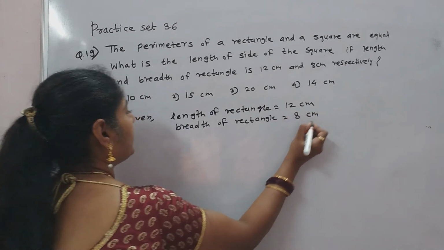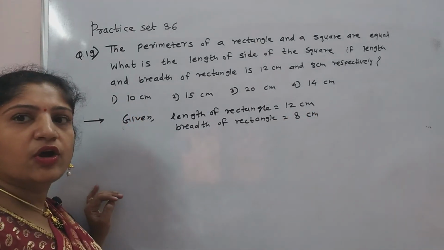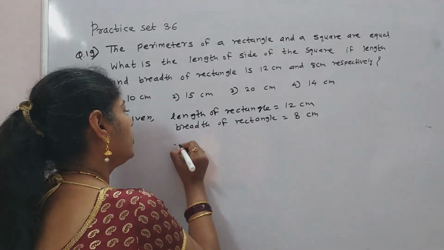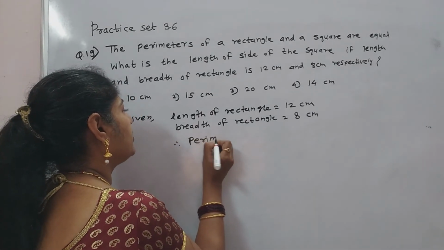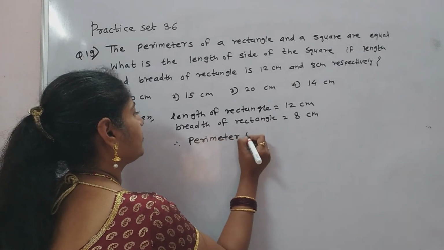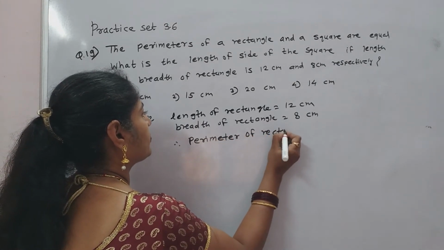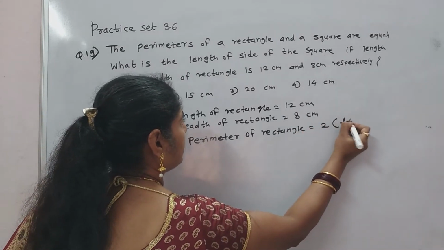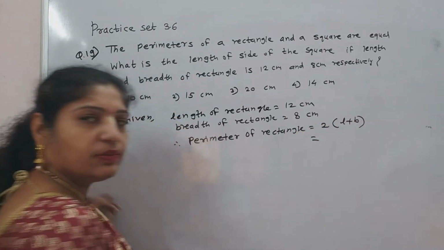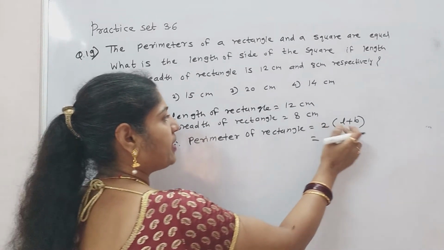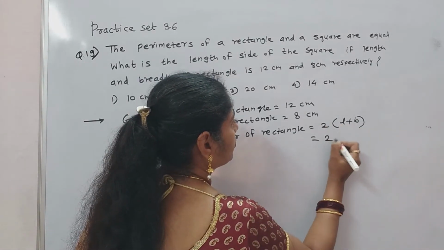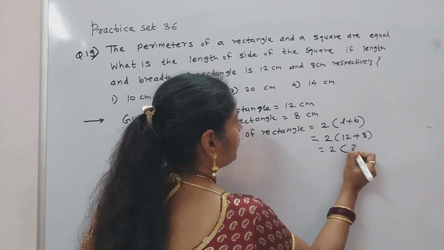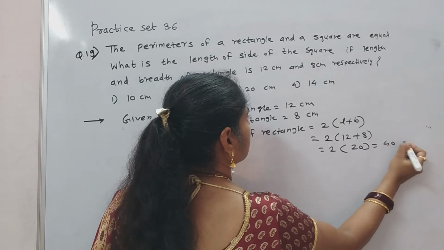Find the perimeter of rectangle using the formula 2 in bracket length plus breadth. 2 into 12 plus 8, 2 into 20, that is 40 centimeter.